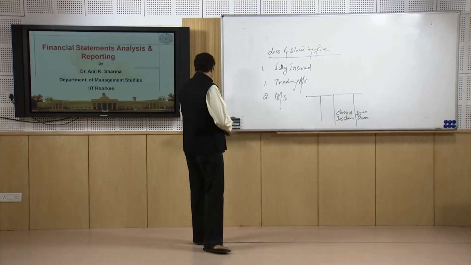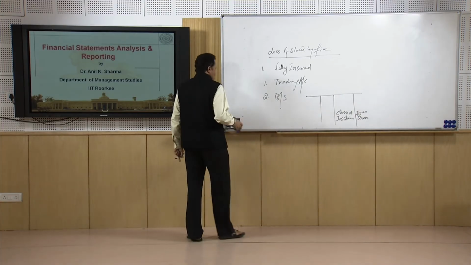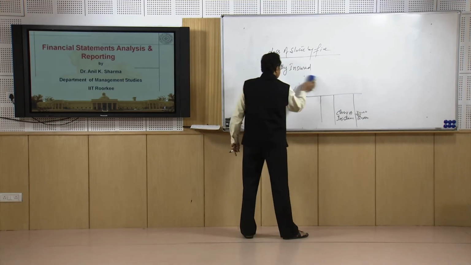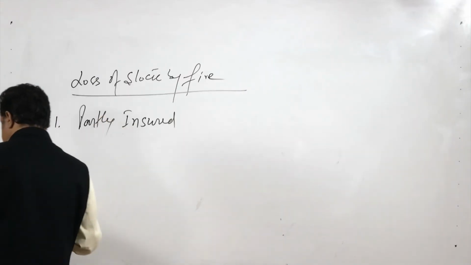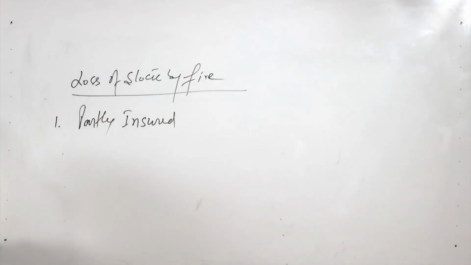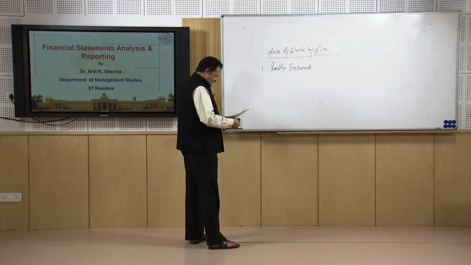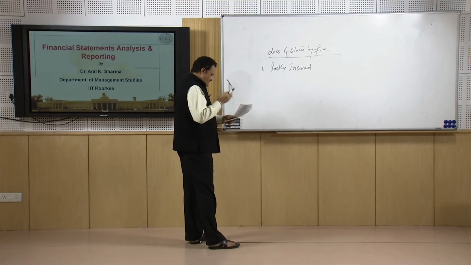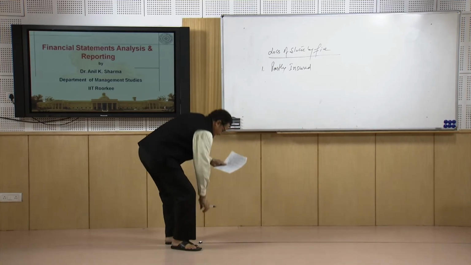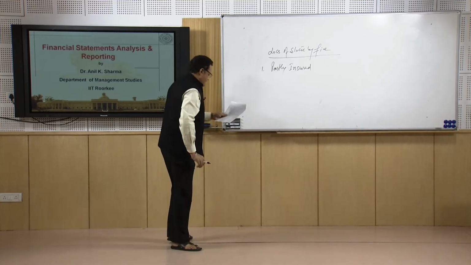Right? Now the second situation, if it is partly insured. If it is partly insured, in that case we will have to think about how to deal with it, how to show it in the profit and loss account, and how to take care of that loss.